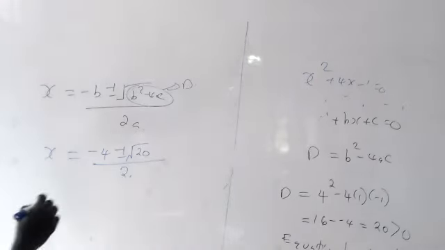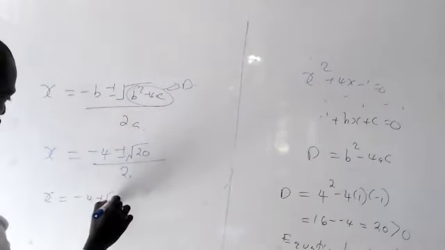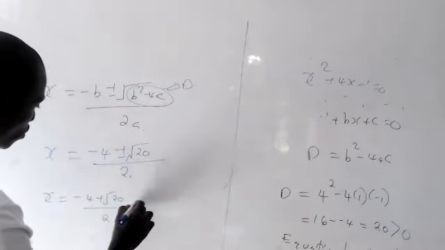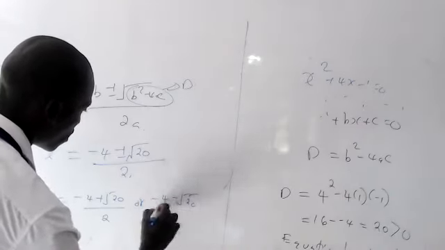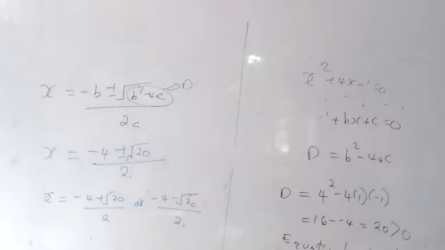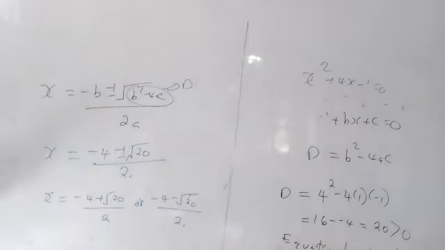So this is going to be minus 4 plus root 20 divided by 2, or minus 4 minus root 20 divided by 2. If you like, you can simplify root 20 as root of 4 times 5, so this becomes 2 root 5.